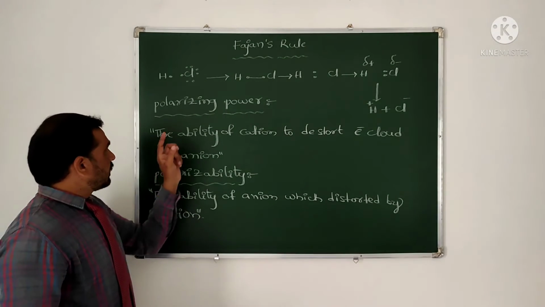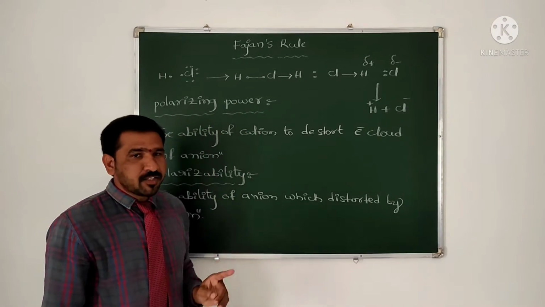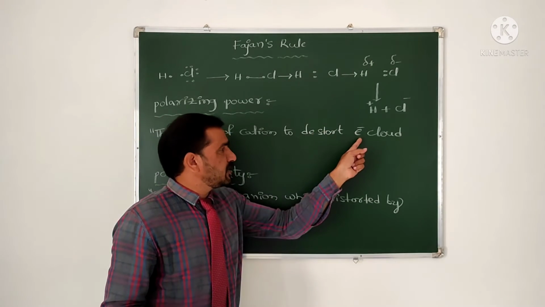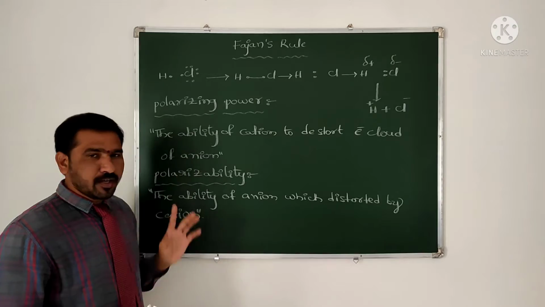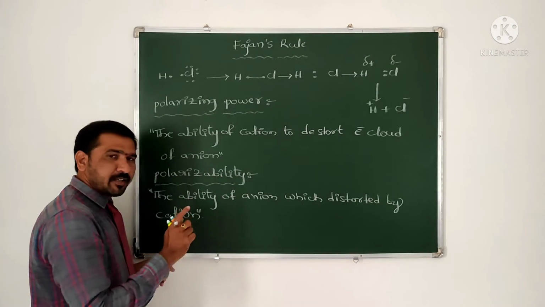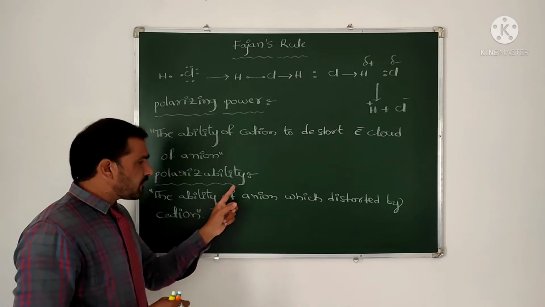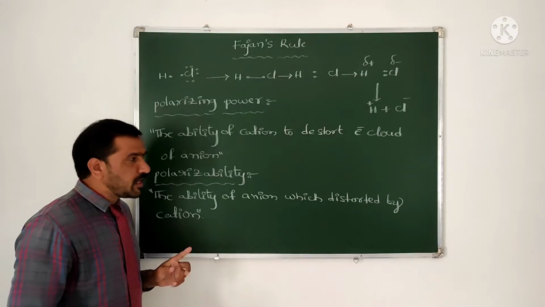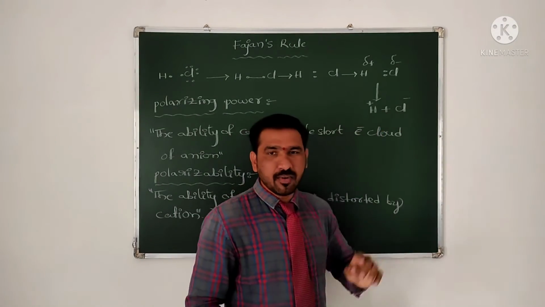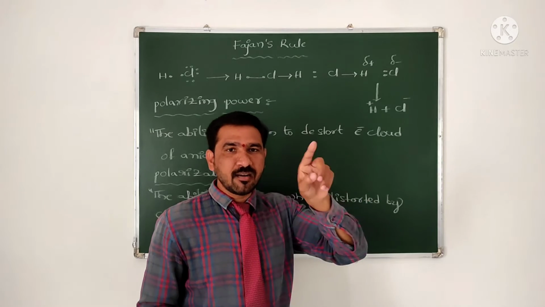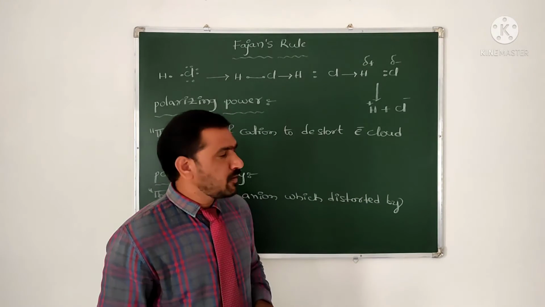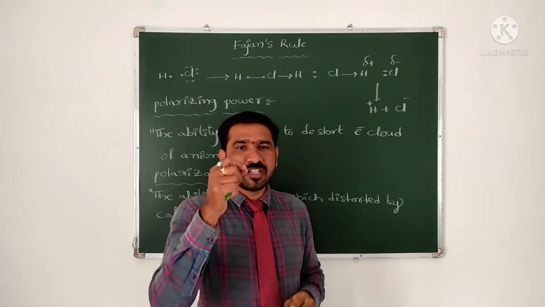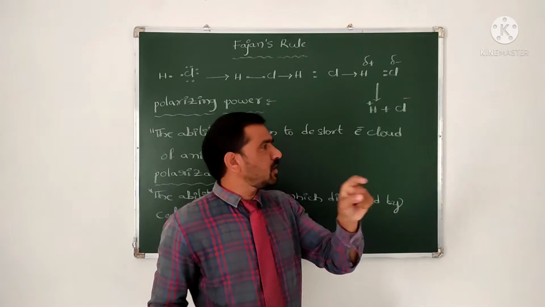Once again, polarizing power means what here? The ability of cation to distort electron cloud of anion. Then polarizability means what here? The ability of anion which is distorted by cation. It means if we take H plus and Cl minus, H plus is the cation, Cl minus is the anion. So this cation is able to distort the electron cloud of the anion.